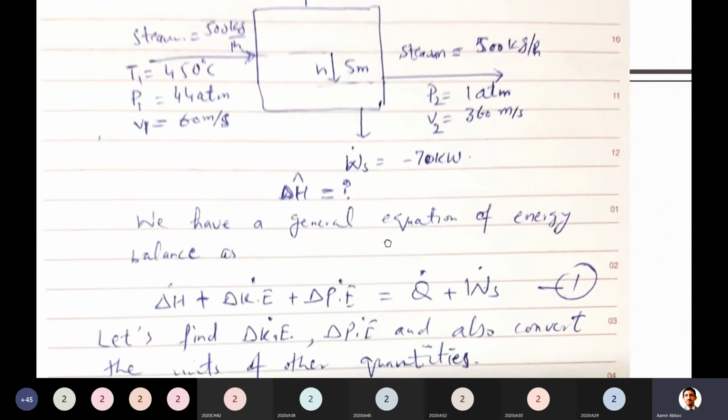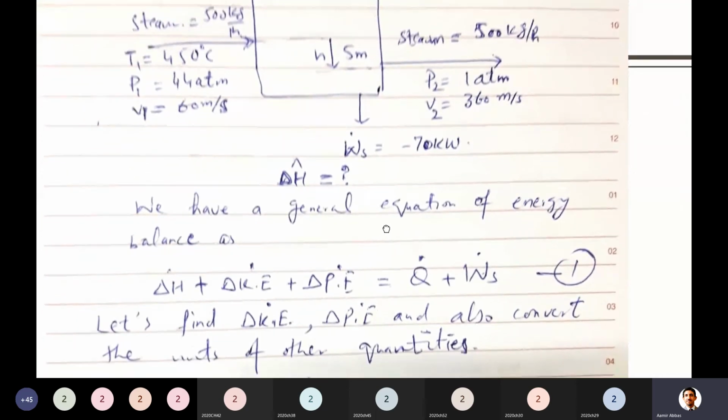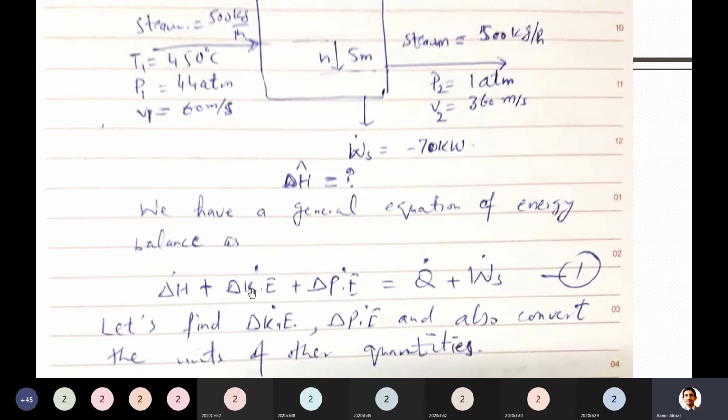So it means none of the terms here will be omitted. Now what we have to do is keep all these terms. Delta H you are looking for, others you have to find. Some are given here, Q is already available, we don't need to calculate it. WS is there. What we have to do is find delta KE and delta PE.